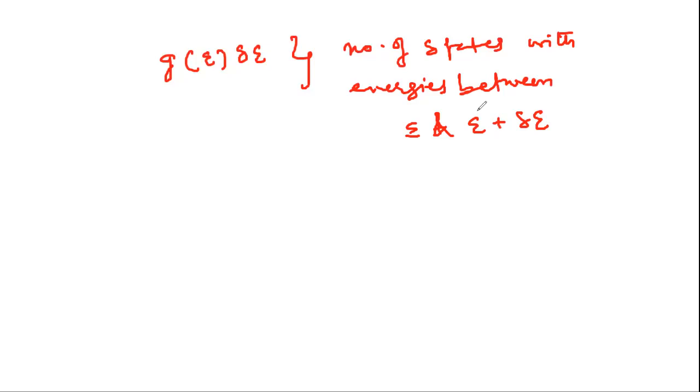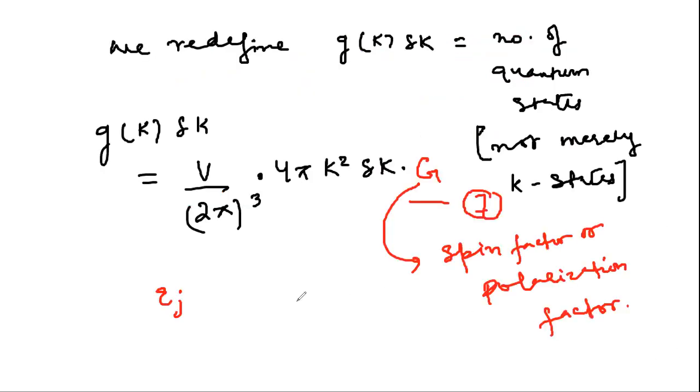Now, how do we get to this density of states in energy? We use the E-k relation. This energy and k, that's the magnitude of the wave vector, are related.